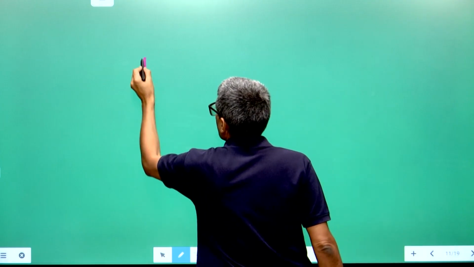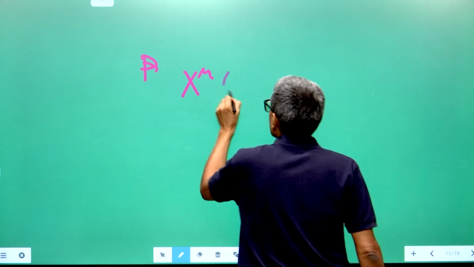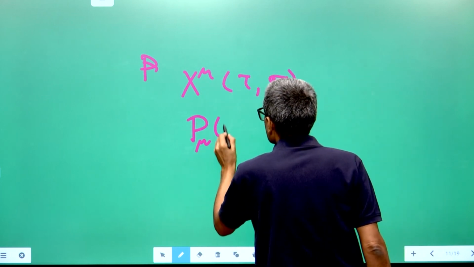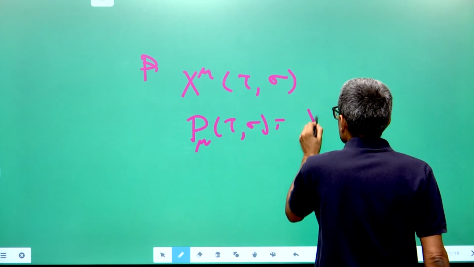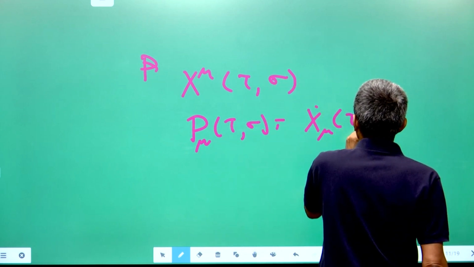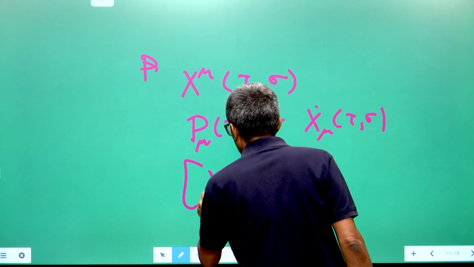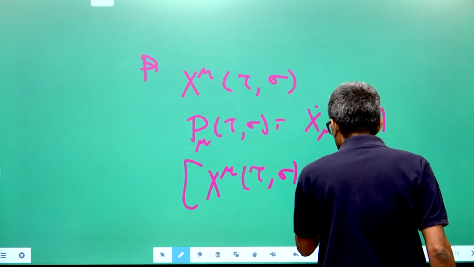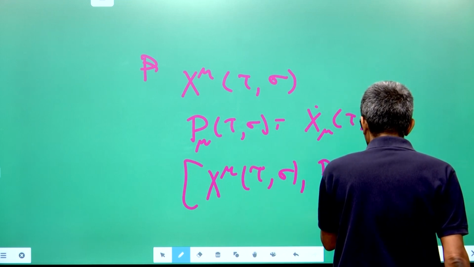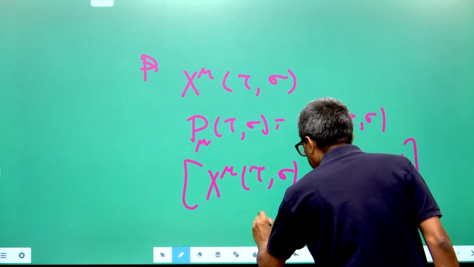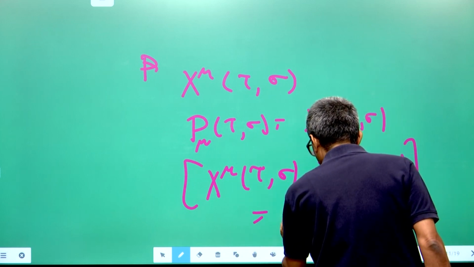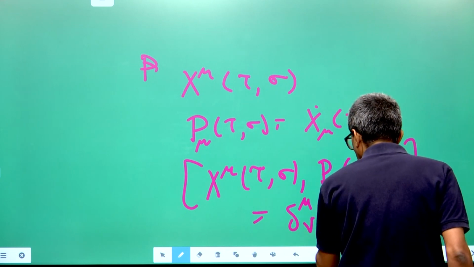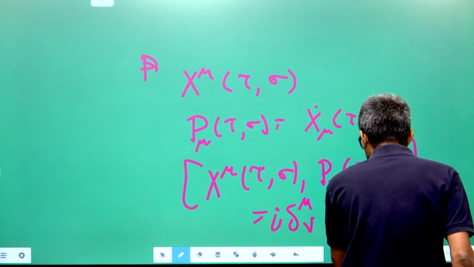So the canonical position field is x mu of tau sigma, and the canonical momentum field is p mu of tau sigma, which is x mu dot. The equal time canonical commutation relations tell you that the commutator of x mu of tau sigma and p nu of tau sigma dash, because it is a bosonic field, is equal to i delta mu nu times delta of sigma minus sigma dash.